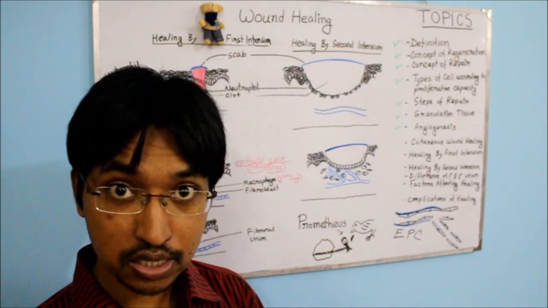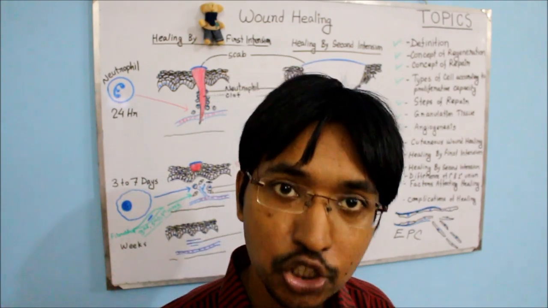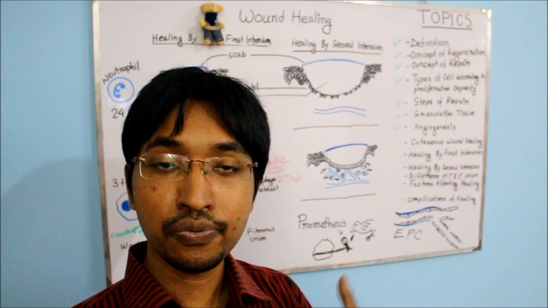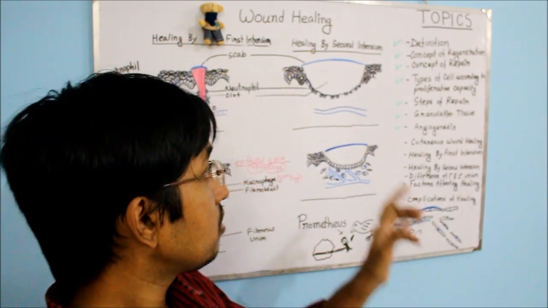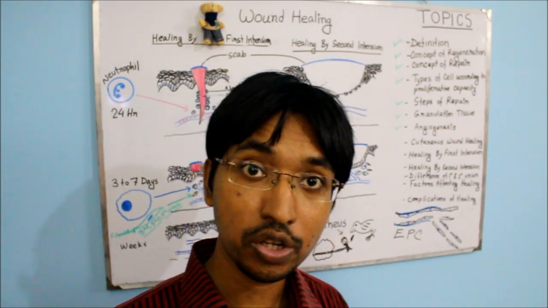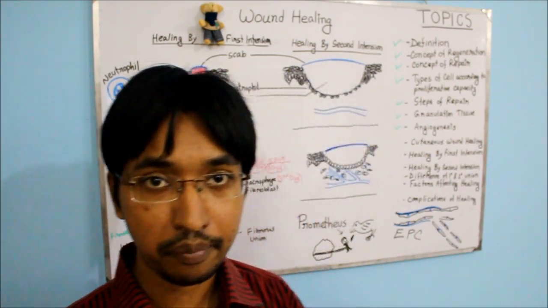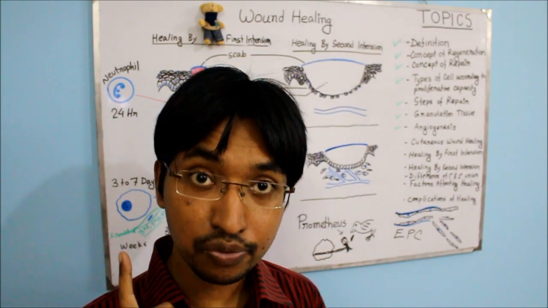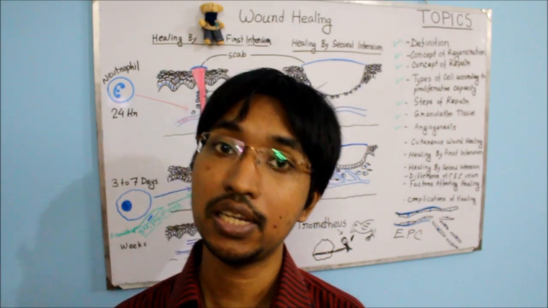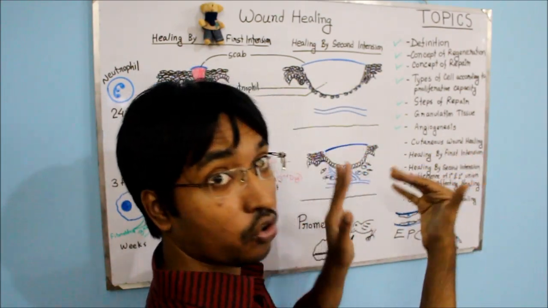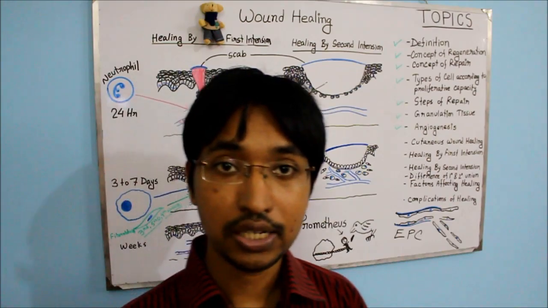And in those cases there will be healing by second intention, and the major difference from healing by first intention is there will be an increased amount of granulation tissue formation, and there will be a lot more inflammation present. And also wound contraction will have a very vital role in healing by second intention, to close the cut margin by contracting the wound site.